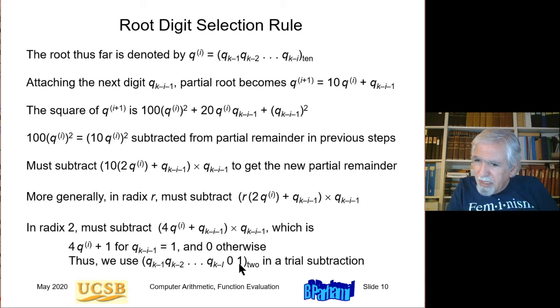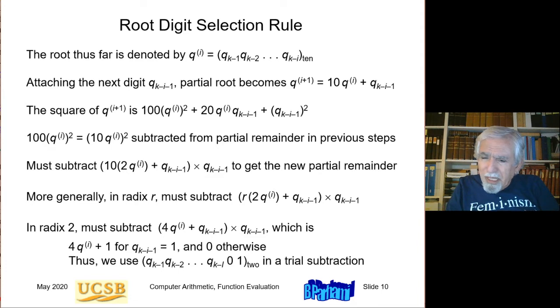That's 4 times. And then plus 1 is this. So basically, the value that I subtract in my trial subtraction consists of the partial root appended with 0, 1. And then if the result of that trial subtraction is positive, I simply choose quotient digit 1 and continue. If the result goes negative, I restore the partial remainder to its original value and choose 0 as the root digit.